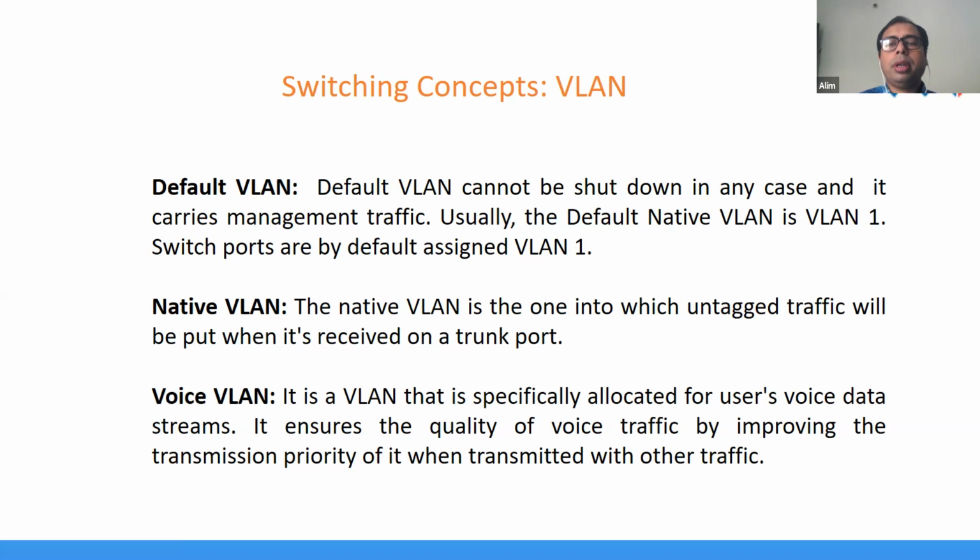What is default VLAN? I just mentioned that VLAN 1 is the default VLAN, and for many vendors' switches, especially Cisco, if you buy a Cisco switch from the market and configure nothing, then you will have VLAN 1 on all ports of the switch. So it is the default VLAN.